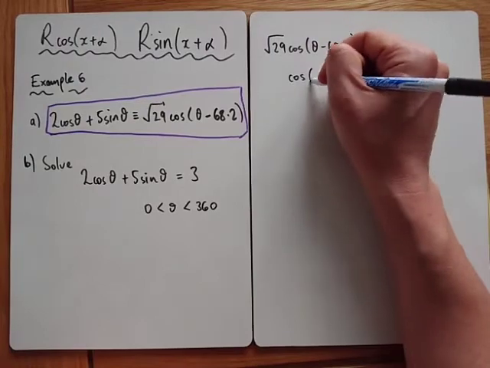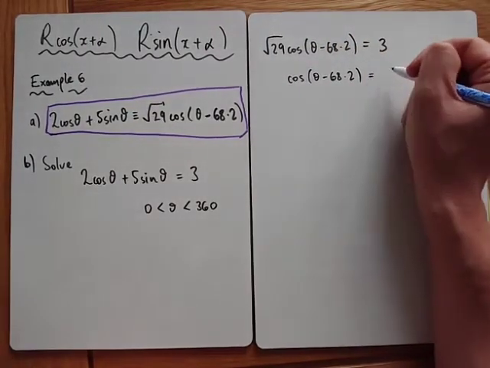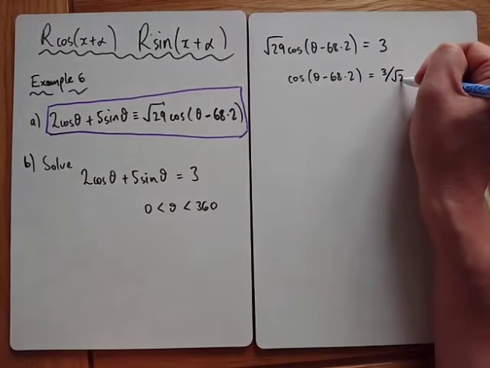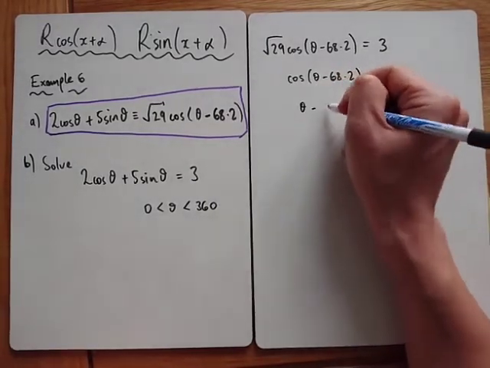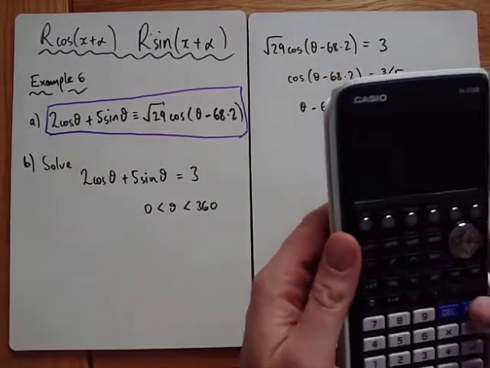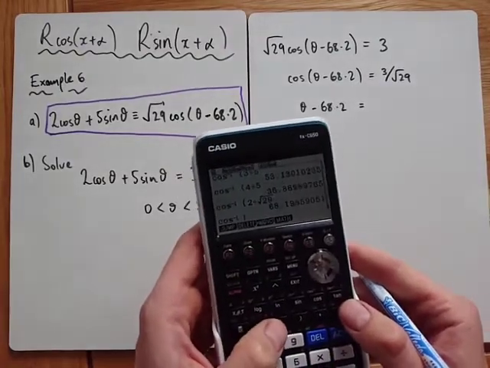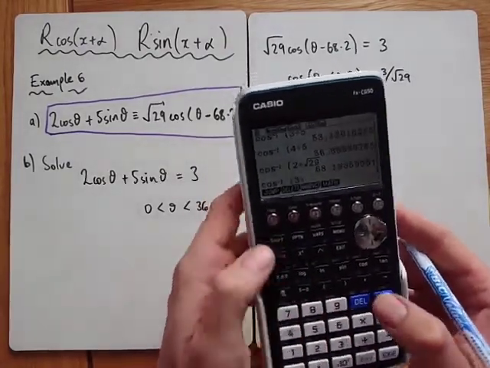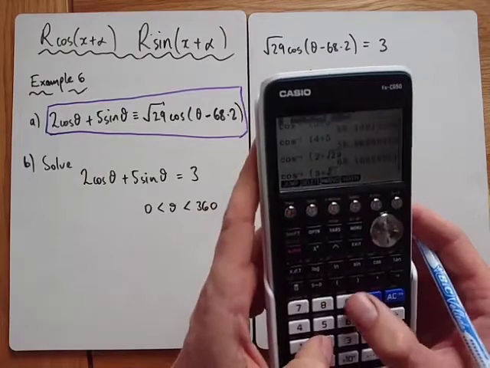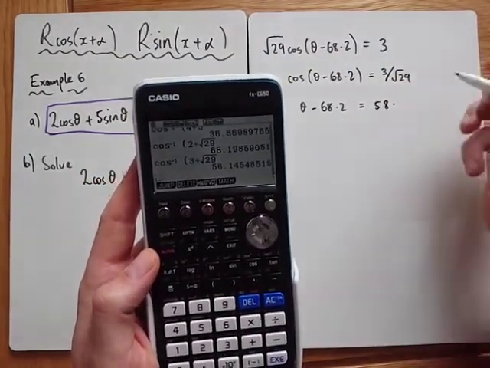So cos theta minus 68.2 equals 3 over root 29. Take cos inverse. We get 58.145.